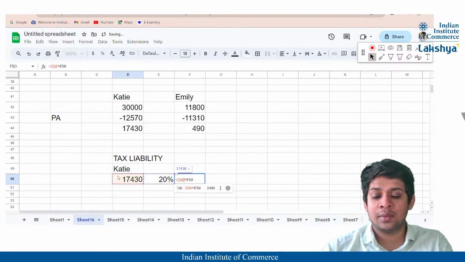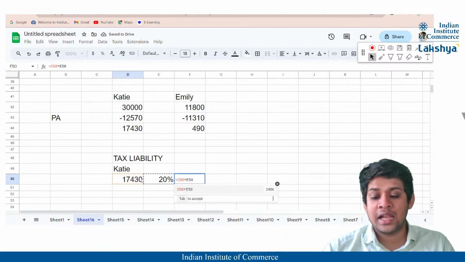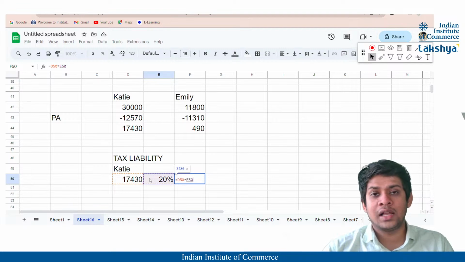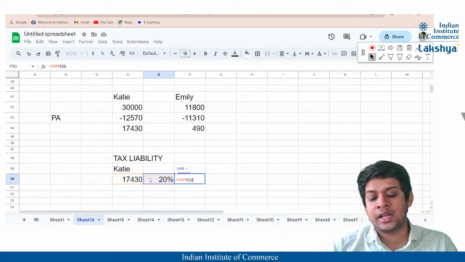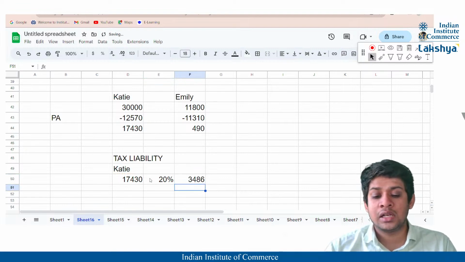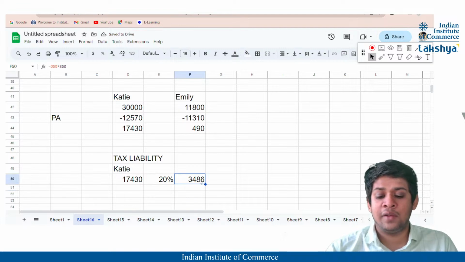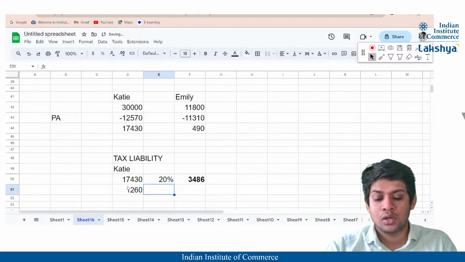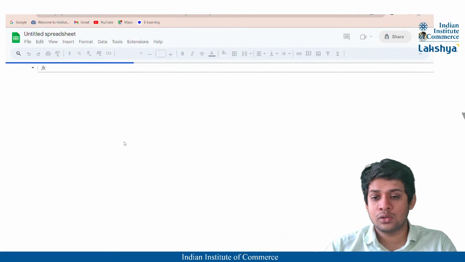And if you see in your guide, both the spouses have their income less than 37,700. That means both of them are basic rate taxpayers. They should be basic rate taxpayers always. So her tax liability is 3486, correct? And from this, she will get a deduction of the transferred amount at 20%. So that means this amount will be reduced.